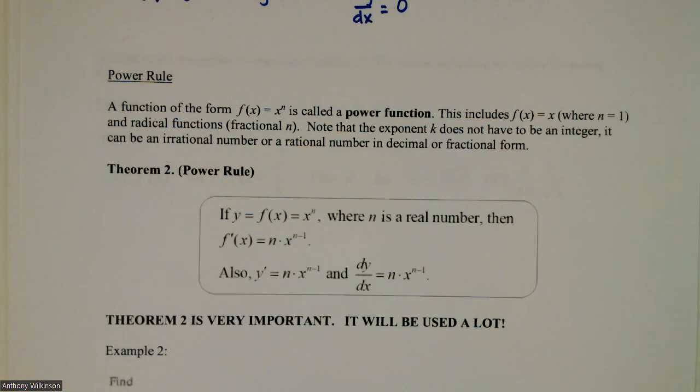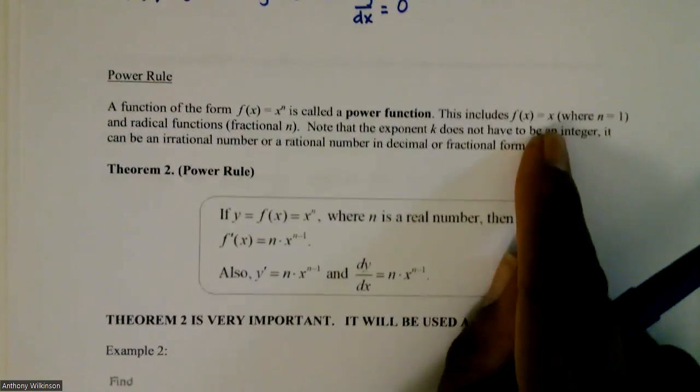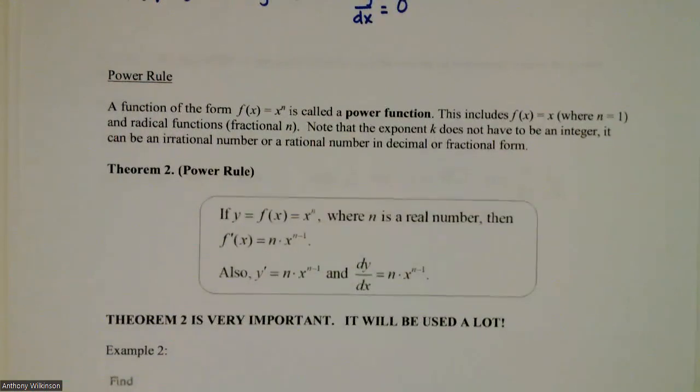This includes f of x equaling x, where your n, which will be the exponent for the x, will be 1, and radical functions will have a fractional n. Note that the exponent n does not have to be an integer. It can be an irrational number or a rational number in decimal or fractional form.